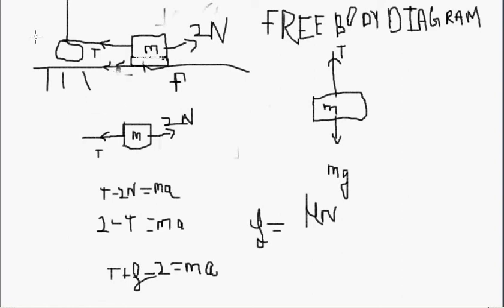N is nothing but the normal force. Any smart viewers would have already noticed that I didn't mention the y-axis forces, I only mentioned the x-axis forces. If you put some mass on a floor, you always get a normal force, not Newton force, I'm sorry, a normal force from the ground.